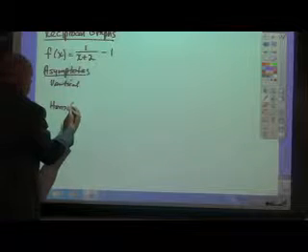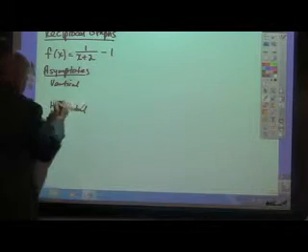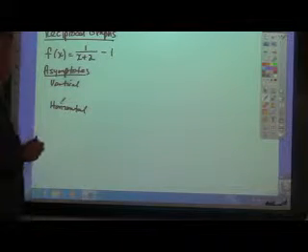And this one will have an x-intercept and it will have a y-intercept as well. So they're quite easy to find, so we'll find those. And they're the only real features of the graph we want to find. So the x-intercept and the y-intercept.